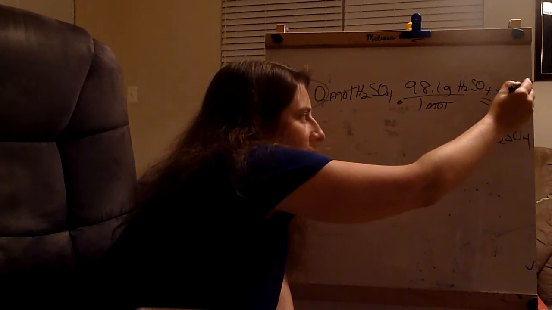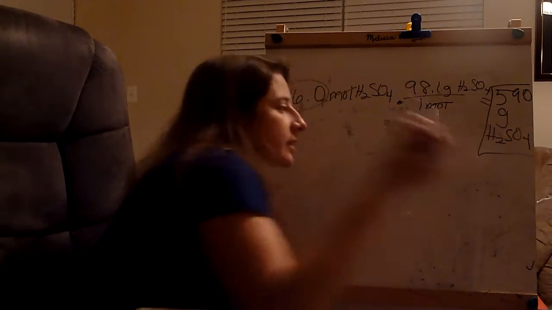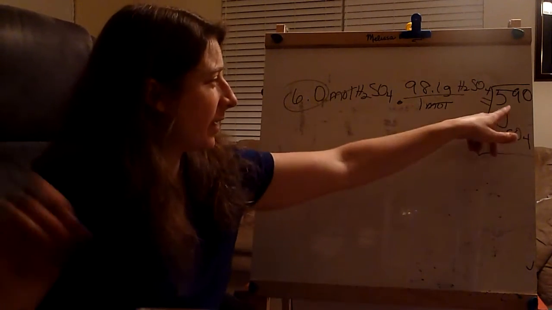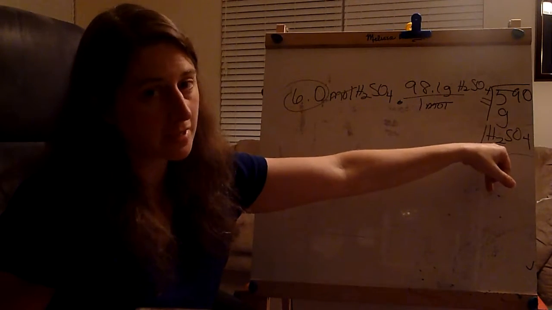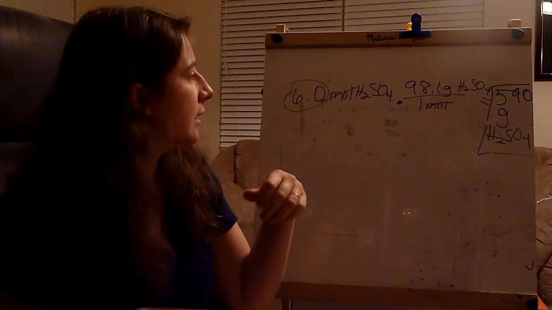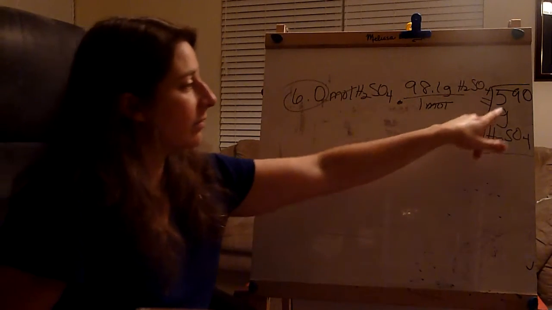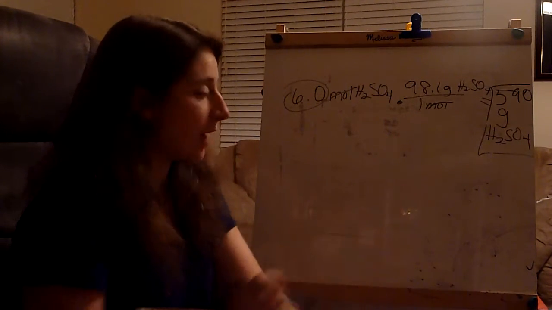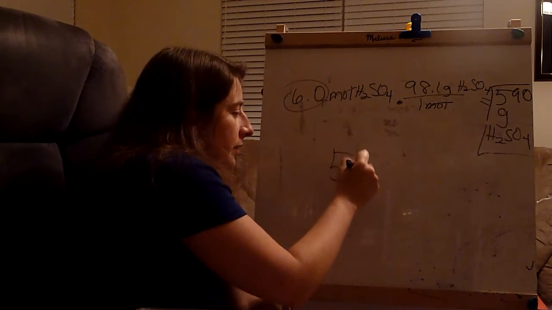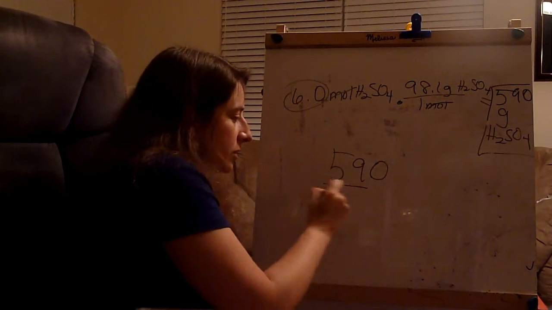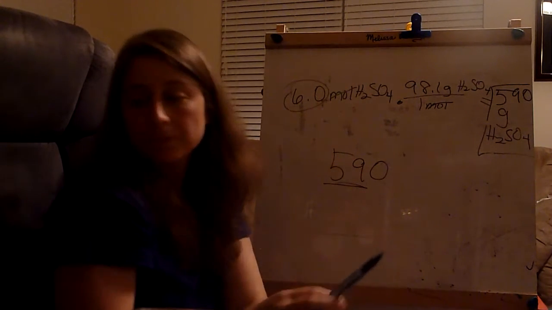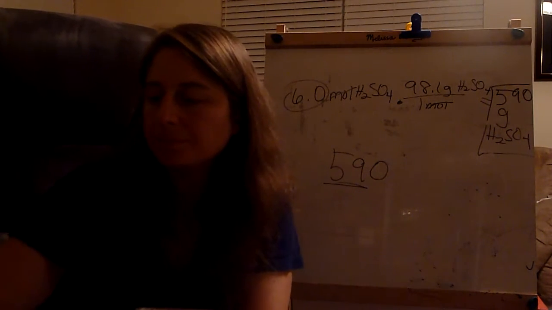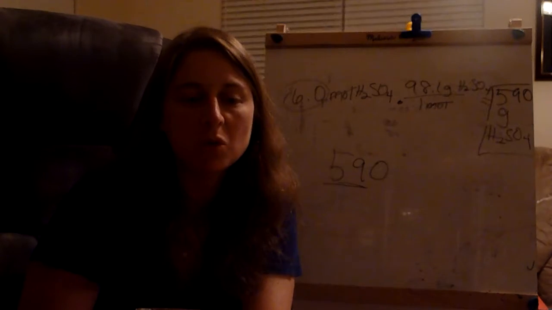And remembering every answer has 3 good parts: the 590, the unit, grams, and what it is, sulfuric acid, H2SO4 in this case. Since I only have 2 significant figures, 590 is perfectly valid. When you have 590, that really is 2 significant figures because the 0 at the end is not a significant figure.